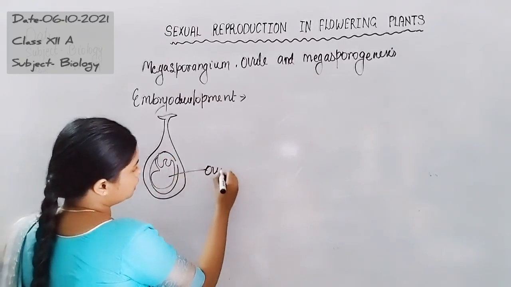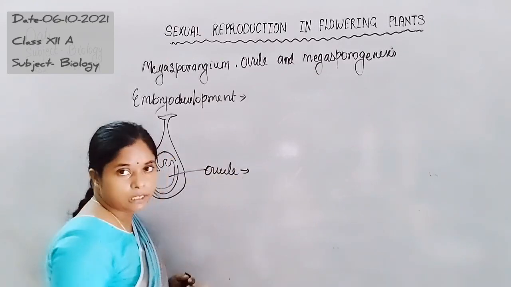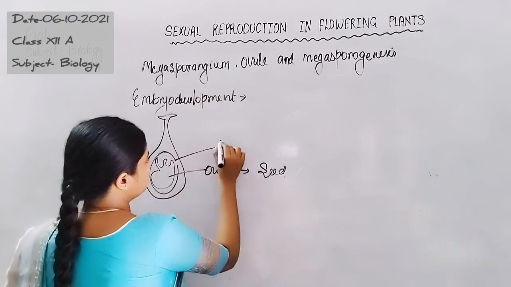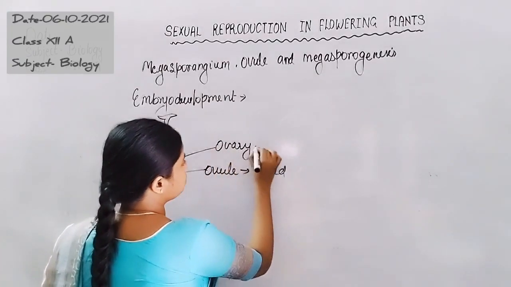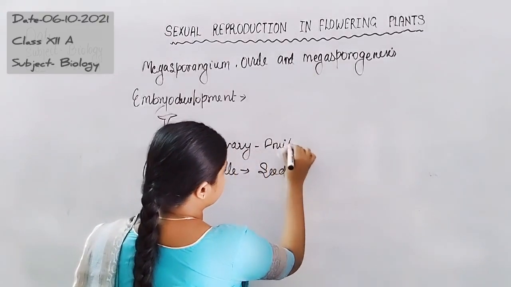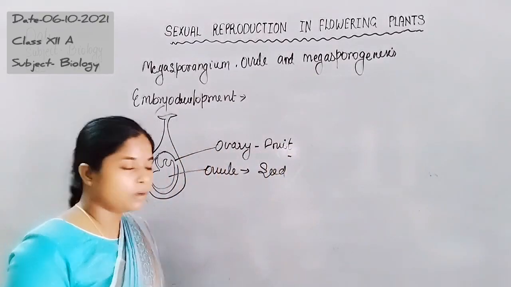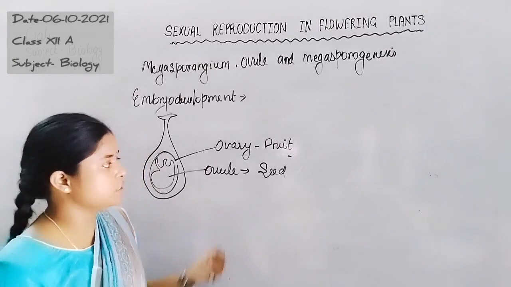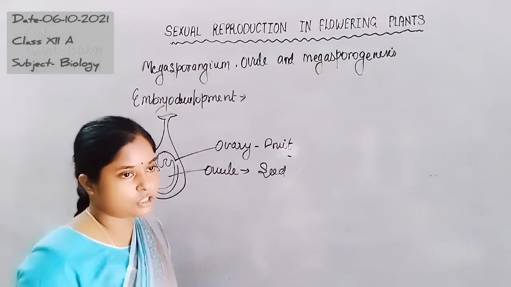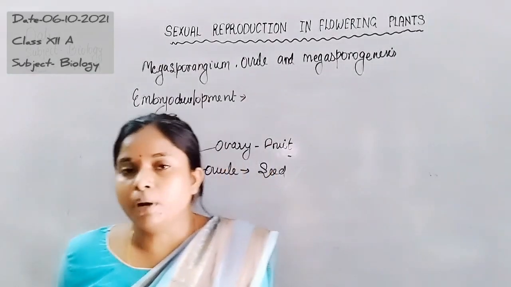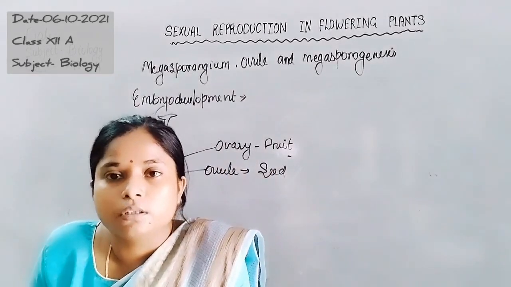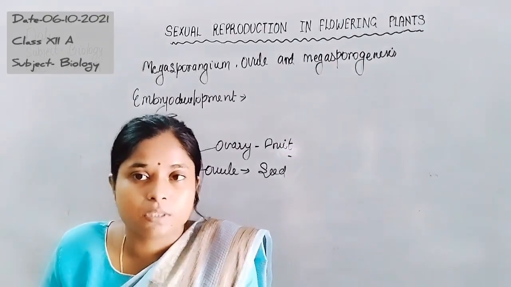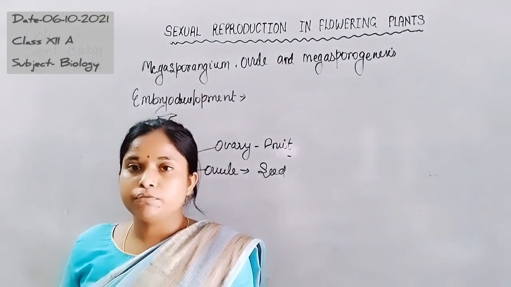After fertilization, the ovule is converted into the seed, and the ovary is converted into the fruit. Fruit that has seeds is formed by fertilization. If the fruit lacks seeds, if seeds are absent, that type of fruit is known as a parthenocarpic fruit.